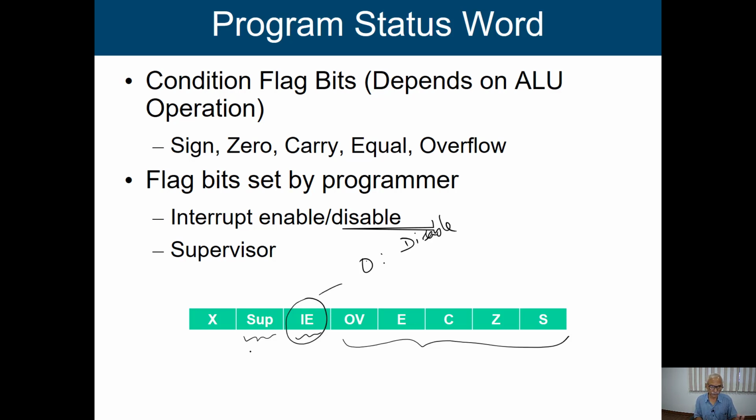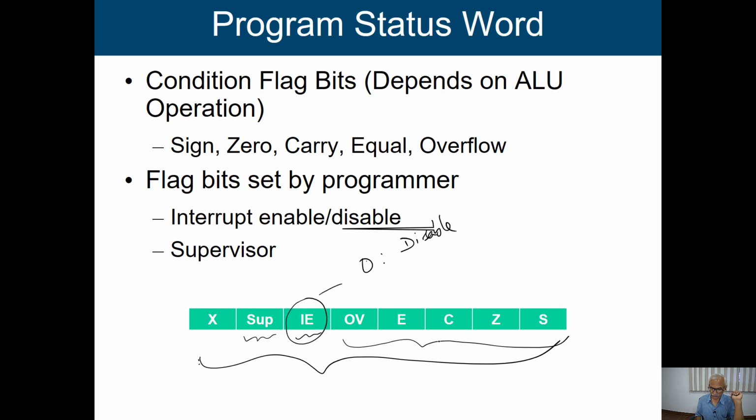Similarly, here the processor can work in two different modes, user mode and supervisor mode. Those who are accustomed to Unix or Linux systems may know this. So in this particular case, we have this supervisor mode. And X, here I am saying that till now we have not used it. So this is an unused bit. So it is an 8-bit register, but each bit can be accessed individually depending on our requirement.